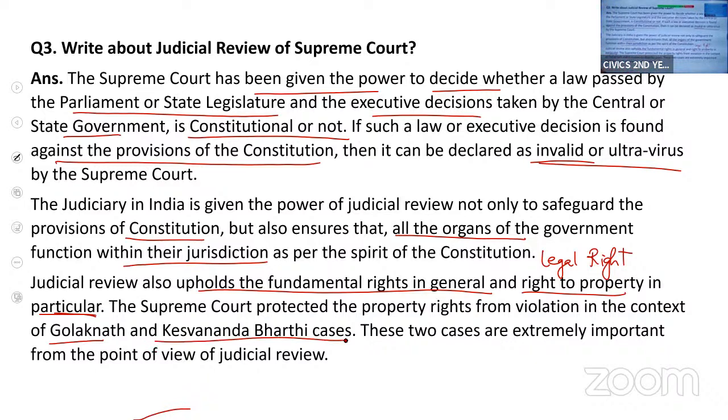These two cases are extremely important from the point of view of judicial review. These two cases were related to property rights. So the court has given decisions for these two cases. Okay, so this is your judicial review.